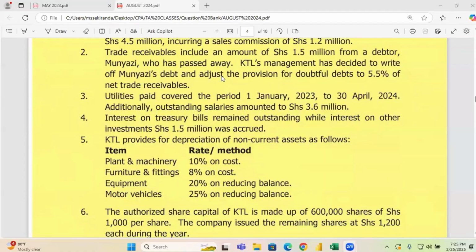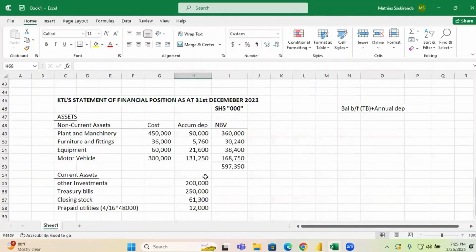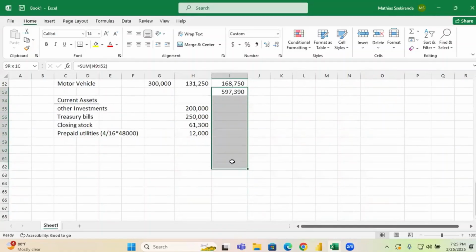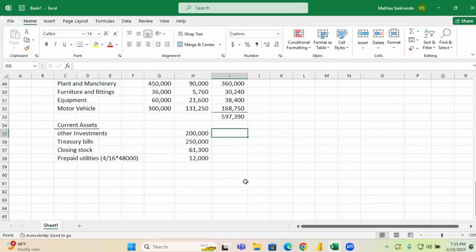Why are those figures for current assets under the column of accumulated depreciation? The organization may not matter a lot, but I normally put them here for organization purposes because I want their end figure to be in this next column so that it can tally with the non-current figure to be able to get total assets. That's why I don't insert it in the last column.